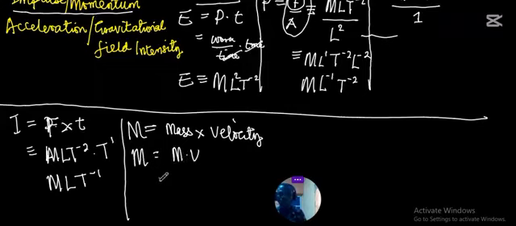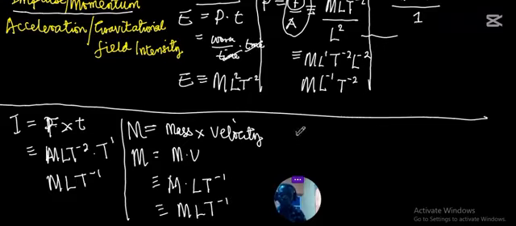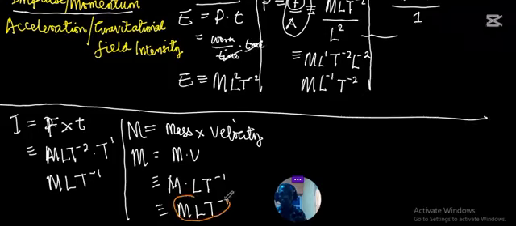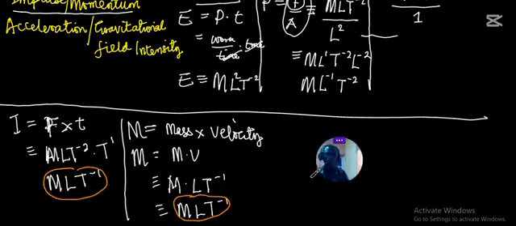The dimension for mass is capital M, and that of velocity is LT^-1. Automatically I'm going to have MLT^-1. So we can see now that the dimension for momentum is the same as the dimension for impulse.